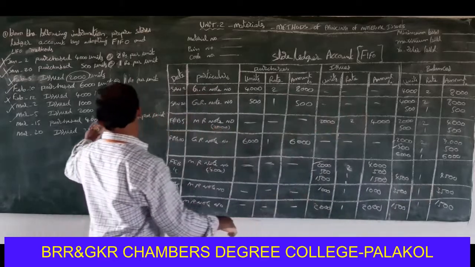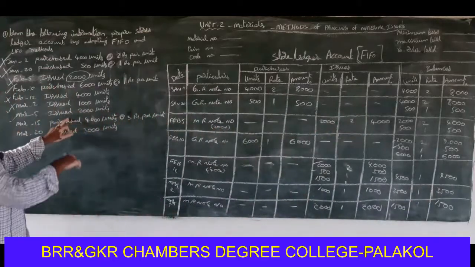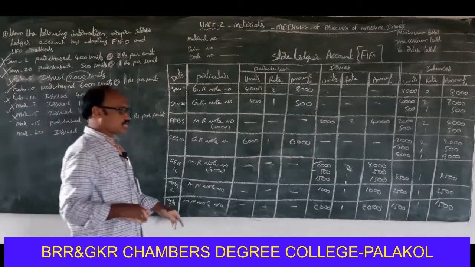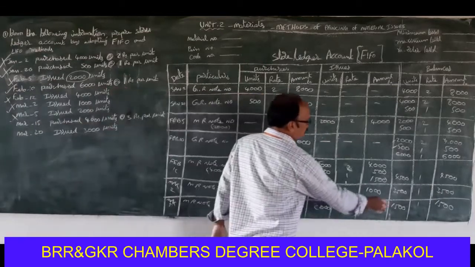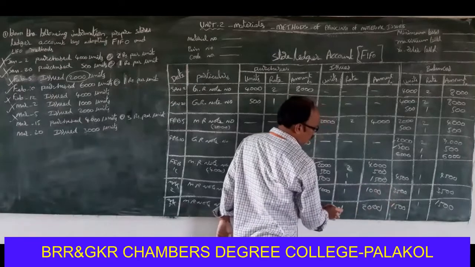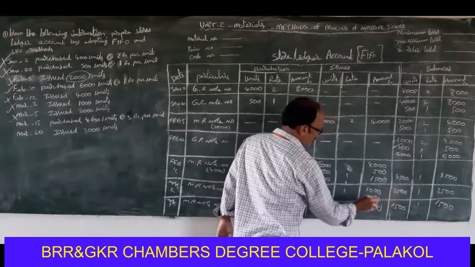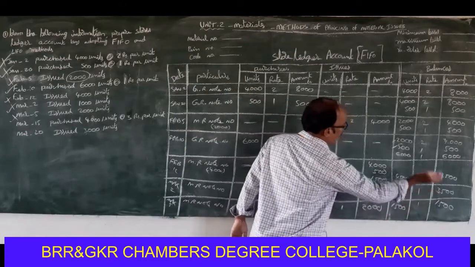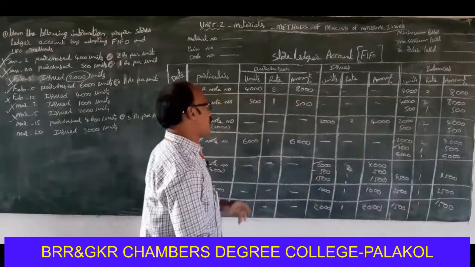Next one, number of units issued here 2,000 units. The 2,000 units released from 3,500. 2,000 into 1, 2,000. 3,500 minus 2,000 is equal to 1,500 into 1, that is equal to 1,500.